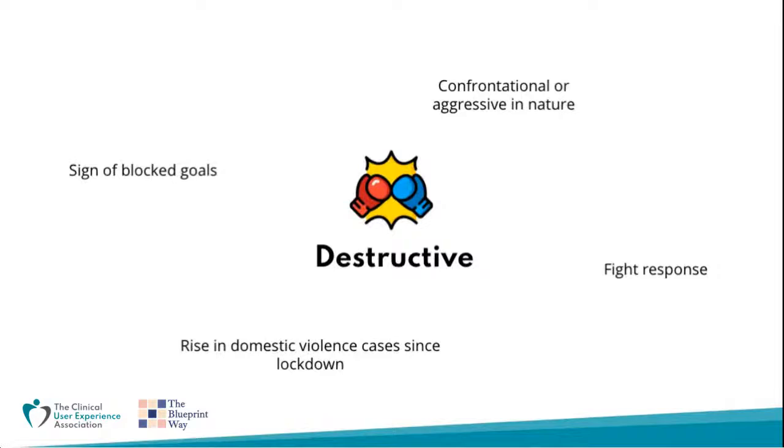So anger in itself doesn't have to be destructive, to be very clear about that. I'm just making the point here that this aggression that we're talking about is fueled by anger, and that's a relevant response to the situation we're in. And we see that with reports about, unfortunately, an increase in domestic abuse situations. You know, people are sitting on top of each other.